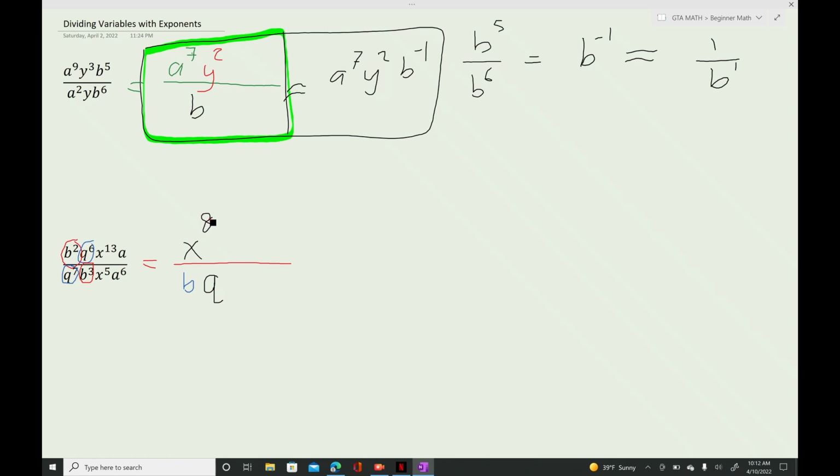And then we have a divided by a to the 6th. So 6 minus 1 is 5. So we're going to have a to the 5th. Here we have it. This is our answer.